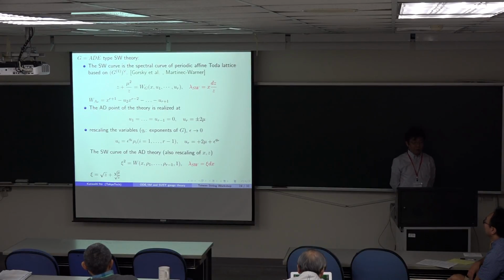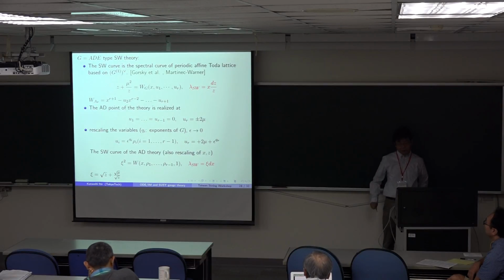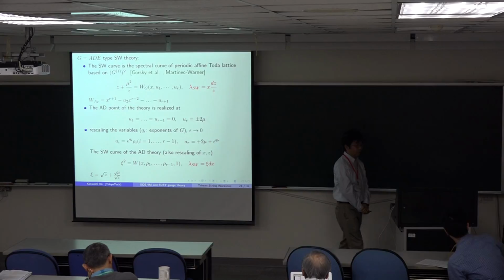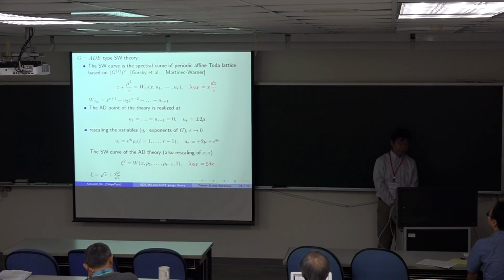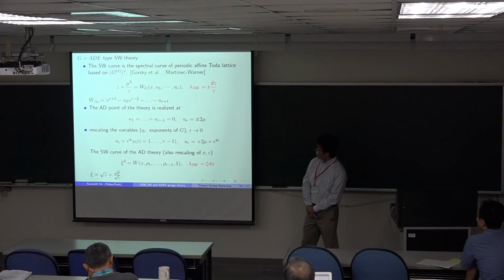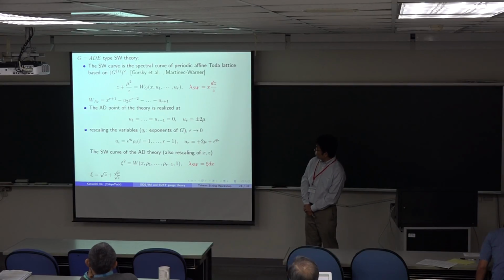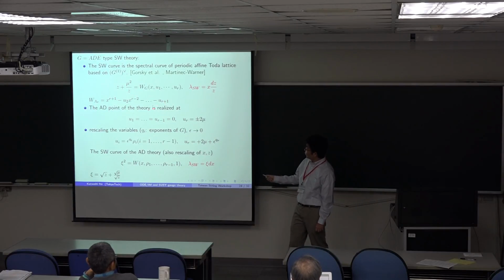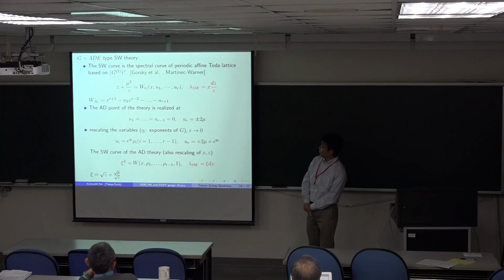For ADE type Seiberg-Witten theory, its Seiberg-Witten curve is obtained from the spectral curve of the periodic affine Toda. It's just a one-dimensional reduction of the affine Toda. So it takes this form. You denote some scale parameter of that circle, and W is some sort of superpotential of the lambda in two dimensions. For A type case, it's just a polynomial. The Seiberg-Witten differential is in two dimensions.